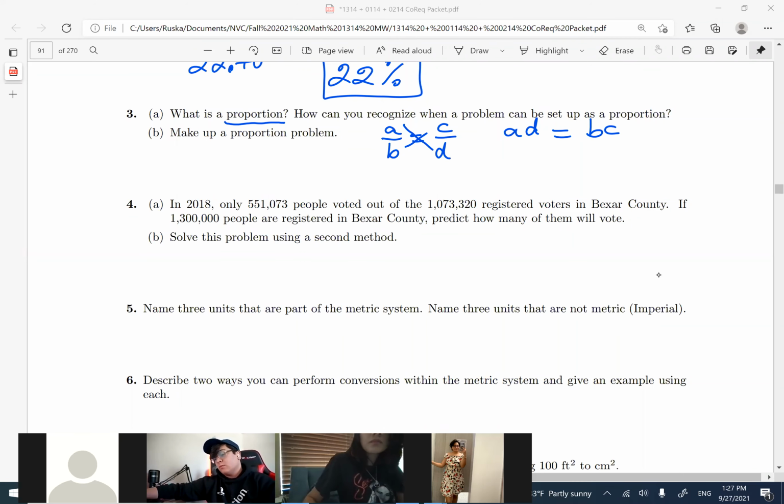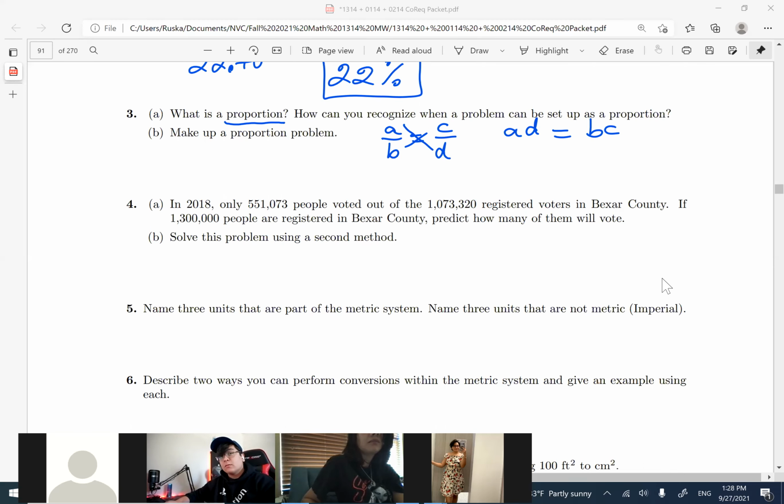Okay, the next one is number 4. In 2018, only 551,073 people voted out of the 1 million and something, I mean, big number, registered voters in Bear County. If 1,300,000 people are registered, predict how many of them will vote.